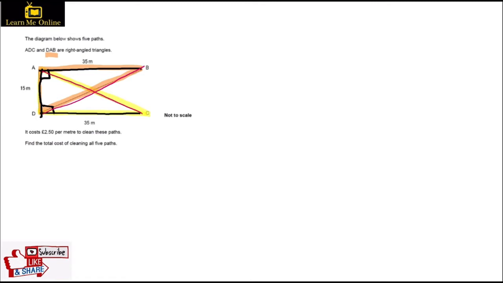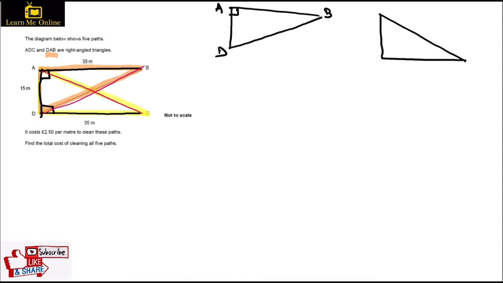So I'm going to split the two right angle triangles now. The first right angle triangle is like this, and this is A, making a 90-degree angle here. This is D and this is B. The other right angle triangle is A, D and C. A is here, D is here, C is here.